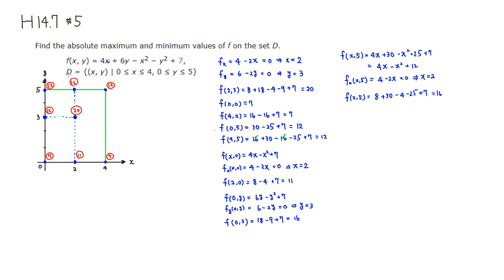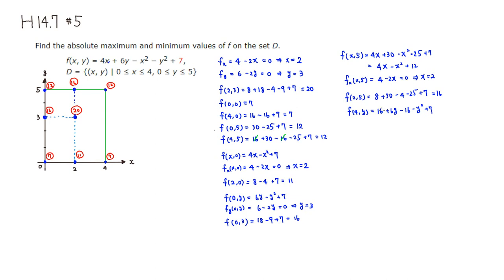All right, last one. So we look at here. This is x equals 4. So f of 4 comma y. If x is 4, you have 16 plus 6y minus 4 squared, which is 16, minus y squared plus 7.